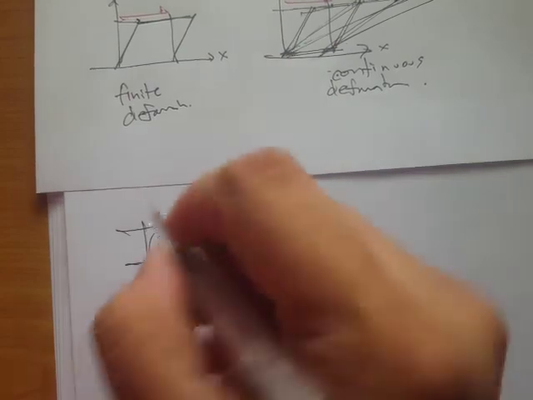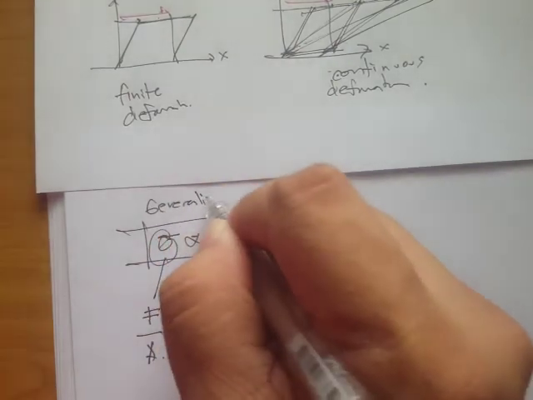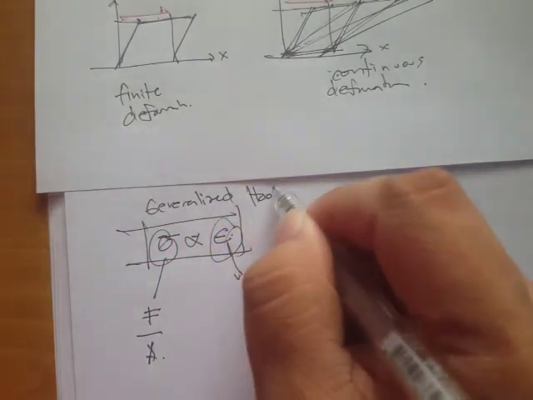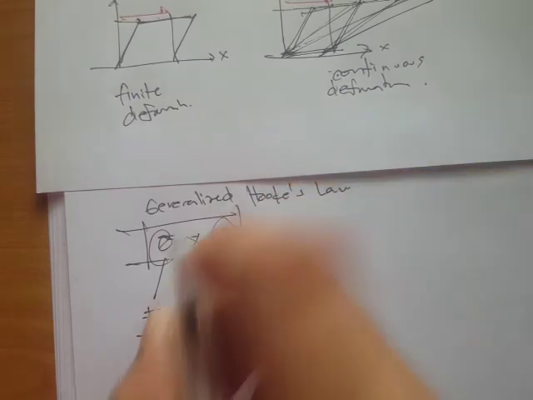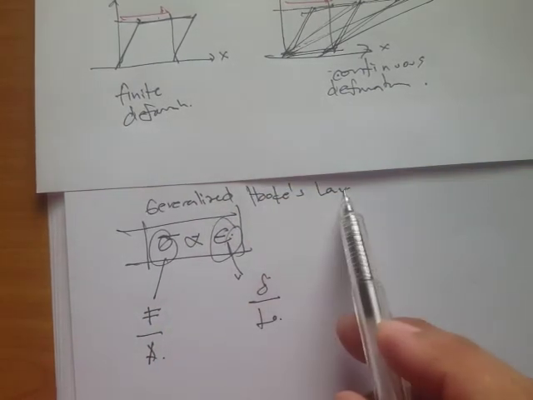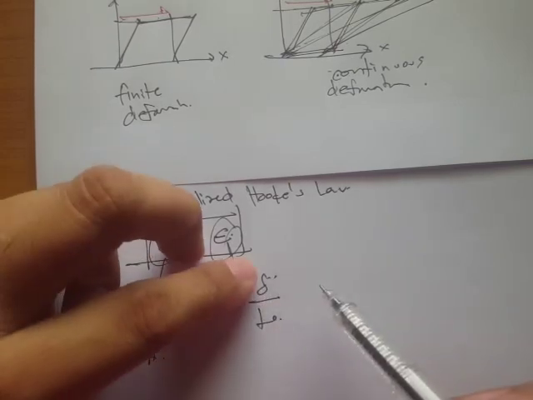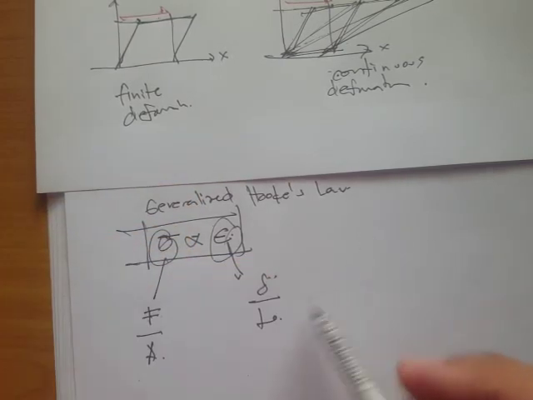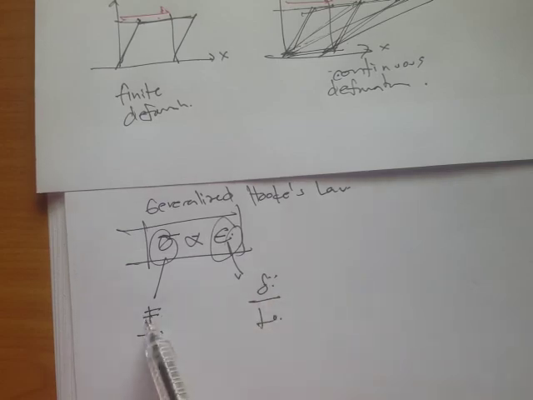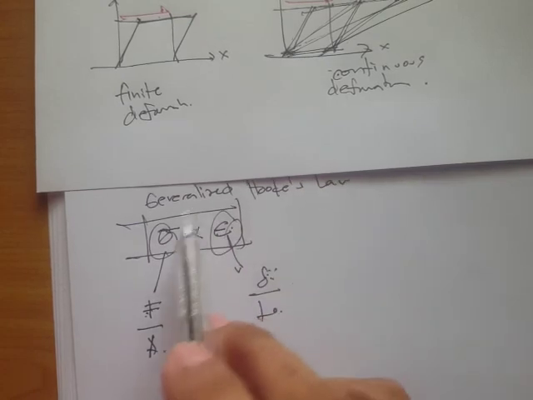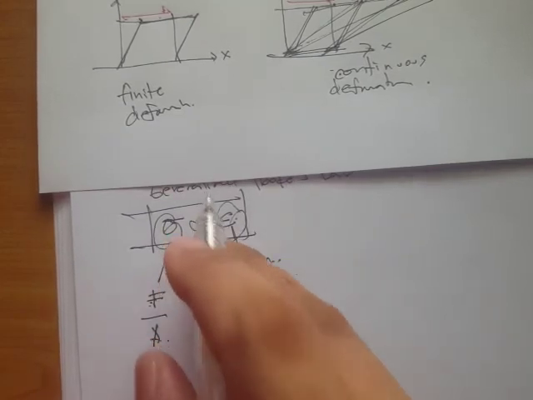So this is a generalized Hooke's law. It's generalized because the original Hooke's law is all about force and deformation, not force over area and not deformation over original length. Okay, so it's just force versus deformation. That's the Hooke's law.